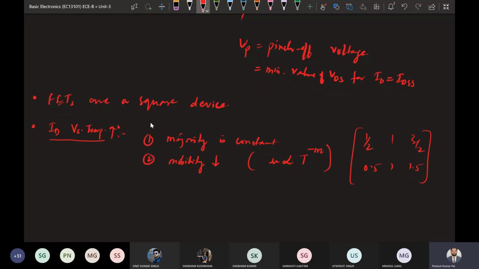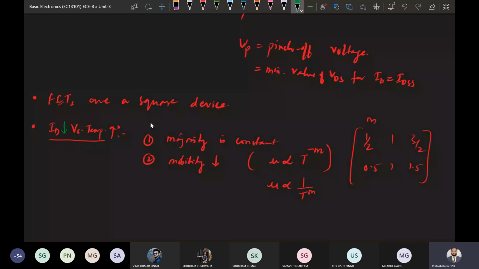So with respect to these m values, the mobility varies. In one sense we can say mu is inversely proportional to T to the power m, because it is minus m. So as we increase the temperature, the mobility will decrease, and as mobility decreases, the current will also decrease. So if temperature increases, the current ID will decrease.